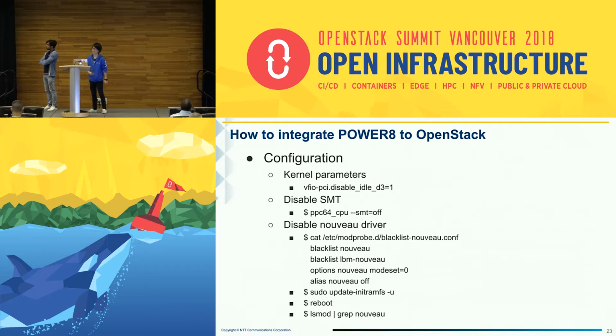Here's the OS configuration. Only one unique point exists. When using KVM on Power servers, SMT cannot be used. SMT is simultaneous multi-threading, just like Intel hyper-threading. By default, Minsky has 160 logical cores, but when using KVM, we can use only 20 physical cores.